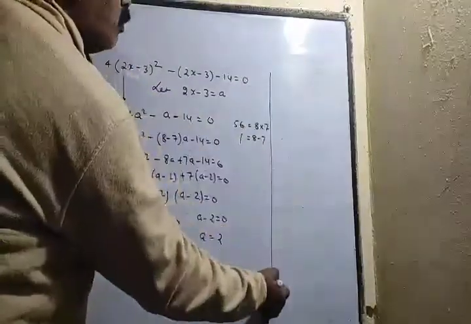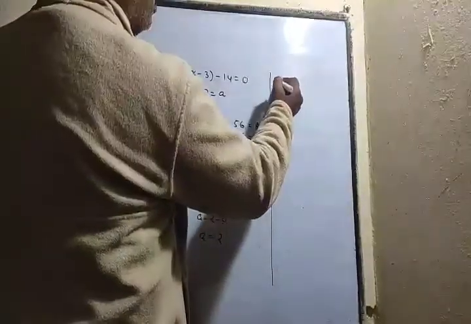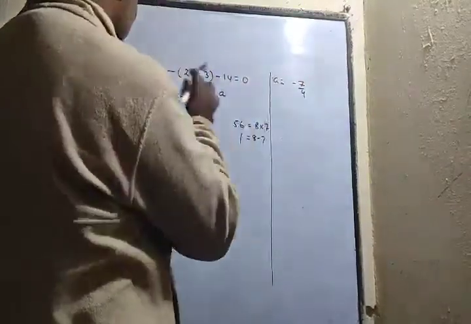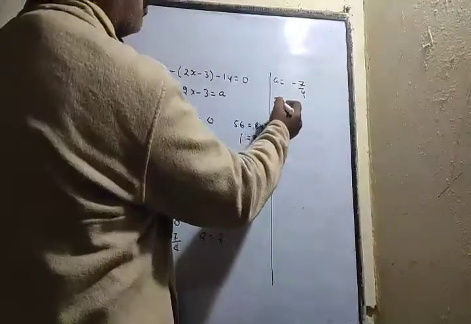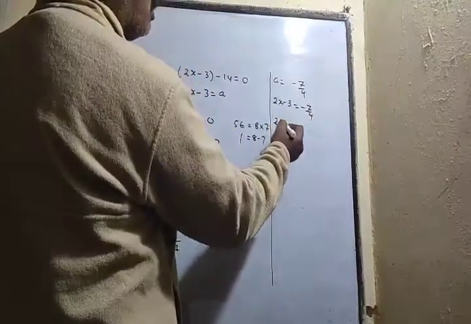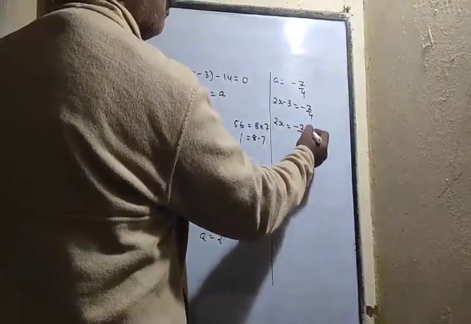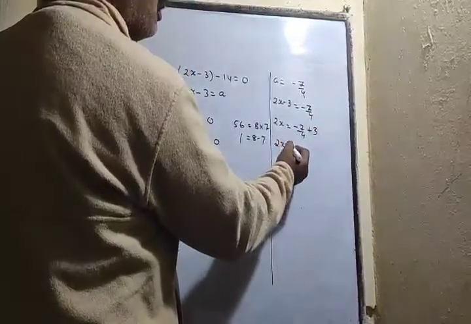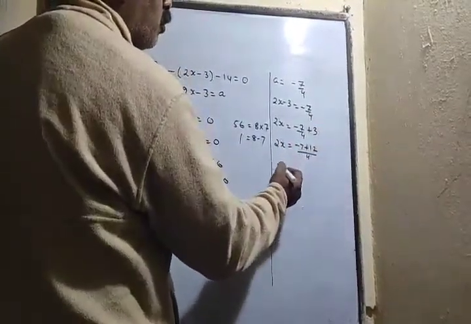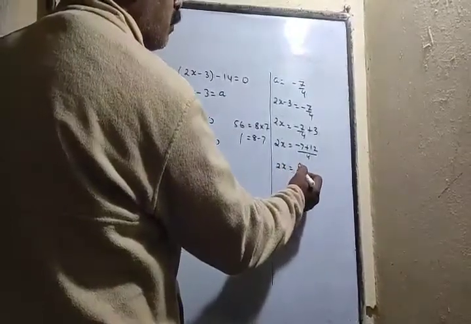Now what you have to do, if a is equal to minus 7 by 4 means what? This 2x minus 3 is equal to minus 7 by 4. So 2x will be equal to minus 7 by 4 plus 3. So 2x will be minus 7 plus 12 after taking LCM. So 2x will come out as 5 by 4.